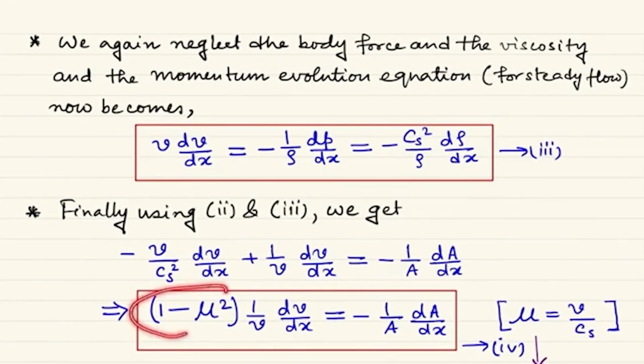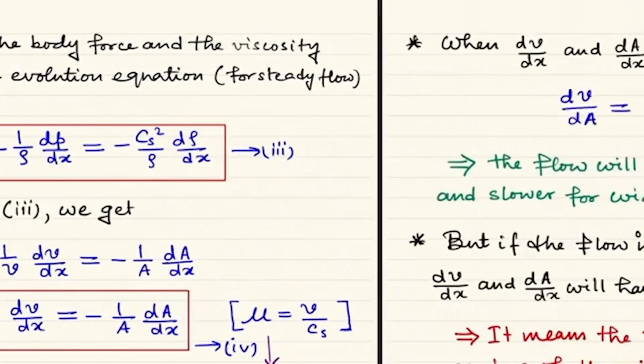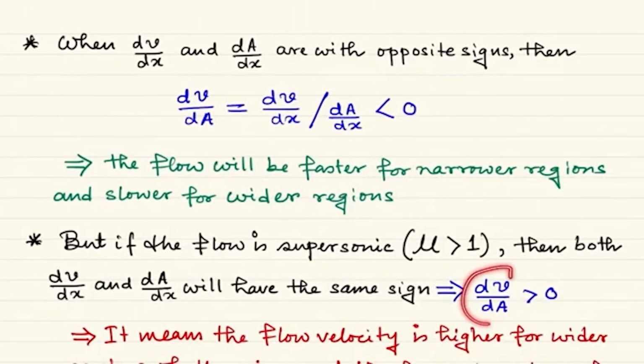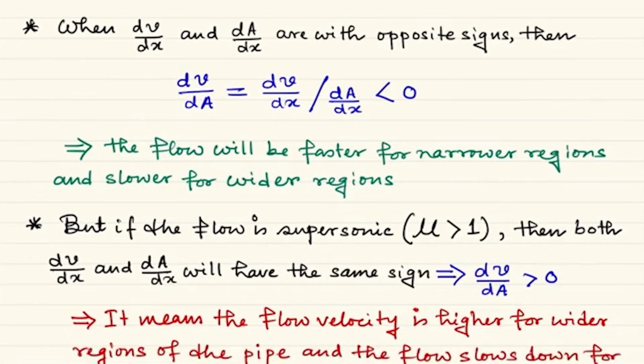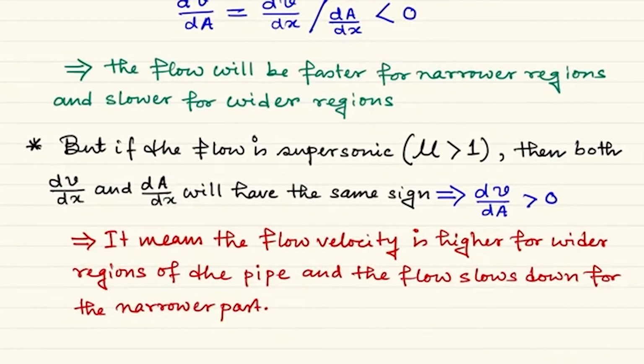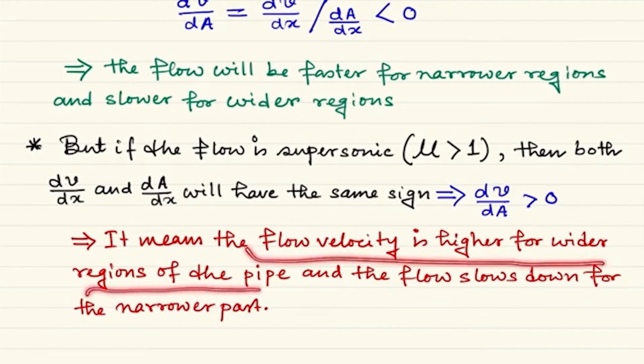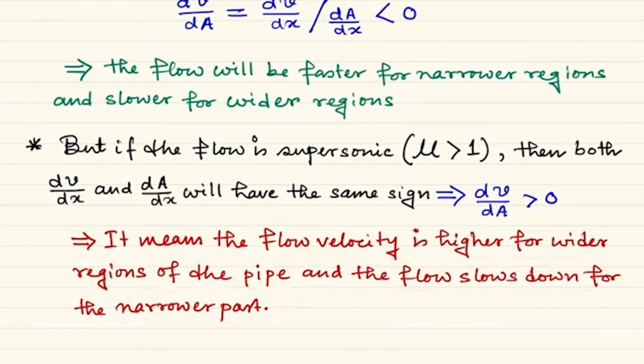Because then this will have negative sign, this is always positive, so this negative and this negative will cancel each other, and then dv/dA will also be equal to (dv/dx)/(dA/dx), which will now be greater than 0 because they will have the same sign. It simply means that the flow velocity is higher for wider regions of the pipe and the flow slows down for the narrower part.